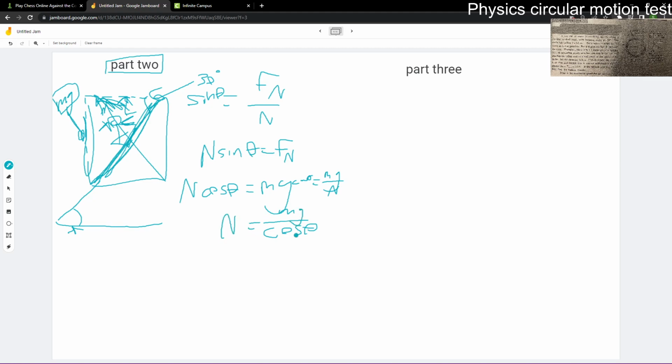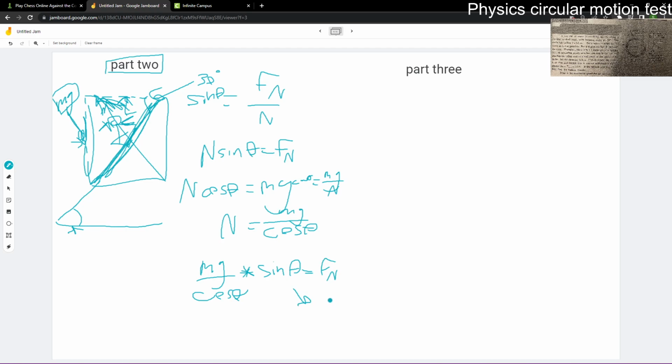Now we can substitute N back in, using trigonometric identities: mg over cosine theta multiplied by sine theta equals the normal force.